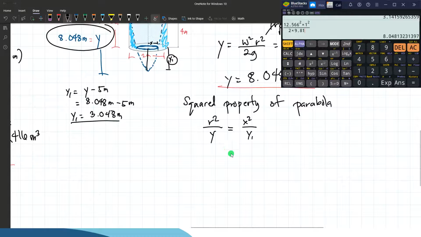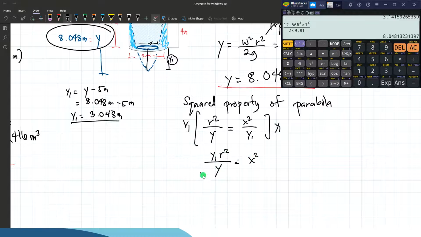So let's determine x. We multiply both sides by y1. We have y1 r squared over y equals x squared. Take the square root of both sides. We have the square root of y1 r squared over y equals x.